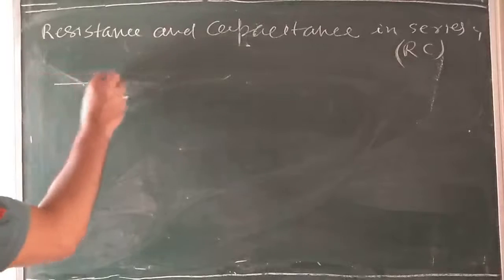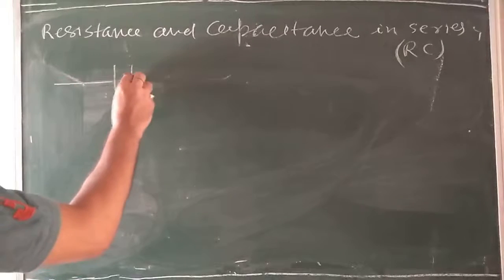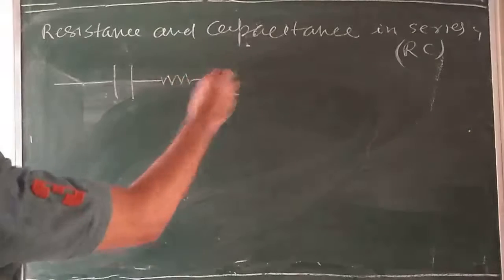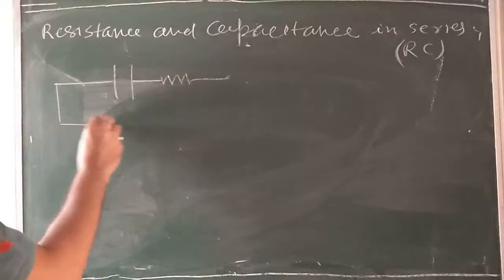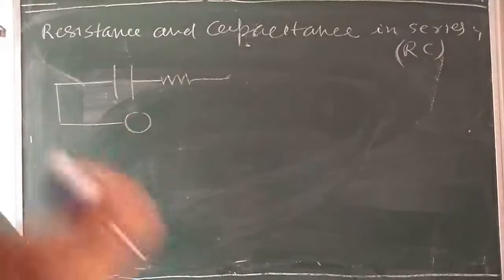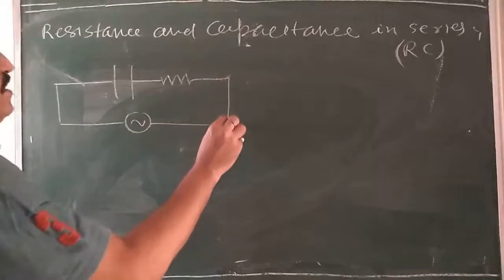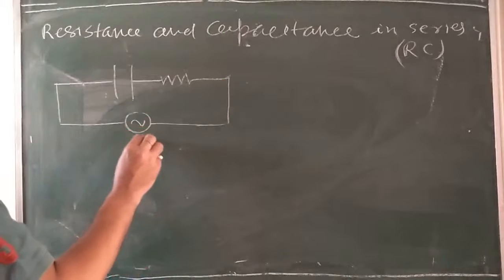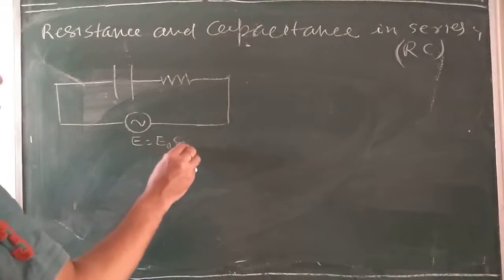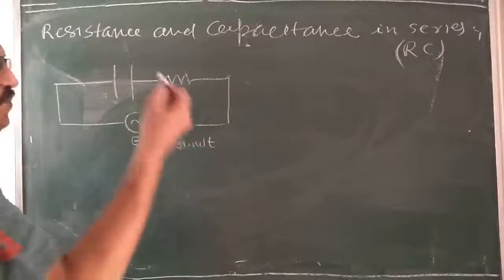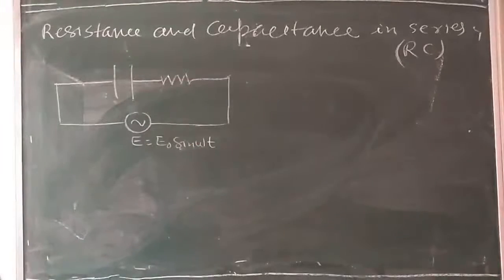Dear children, see, this is capacitance, this is resistance, and we are connecting it by an alternating current source of EMF E. The value of E is equal to E naught sin omega t. You know very well. Is it clear?